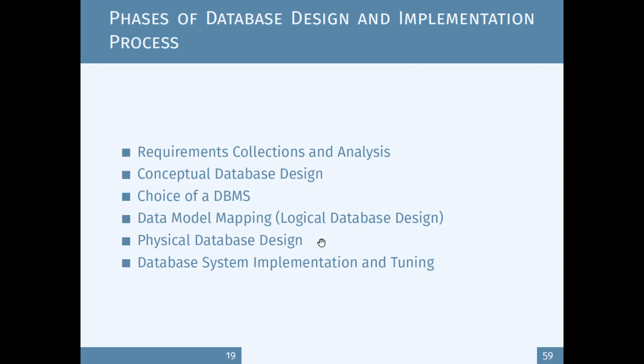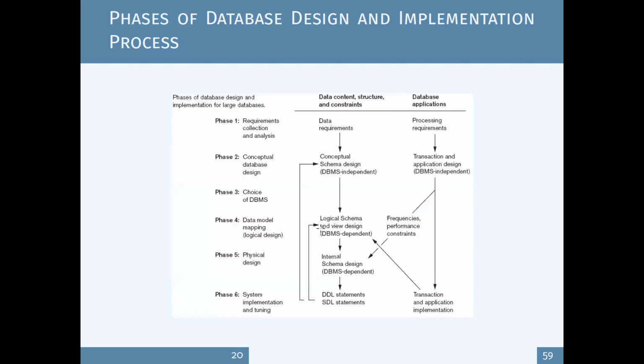Right. Now, in the next slide, I would like to present the same thing as a graphical structure. The phases that we have discussed are on your left-hand side, phase 1 to phase 6, starting from requirement collection to system implementation and tuning.